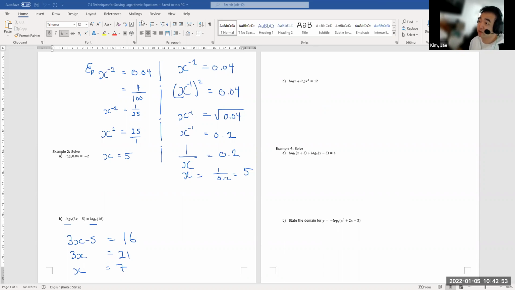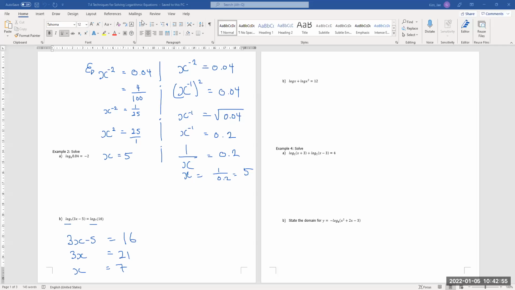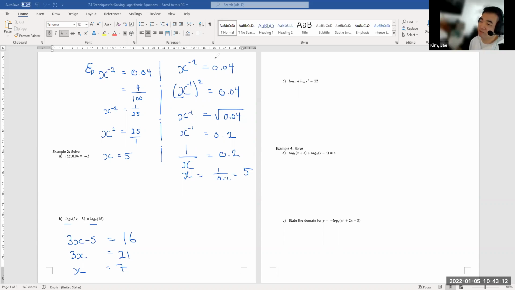Okay, yes, go ahead. Oh yeah, for example A, the only reason we didn't do x is equal to positive and -5 is because x is the base of the logarithm. Ah, you mean for this? Yes, absolutely. I'm sorry about that. You're right.